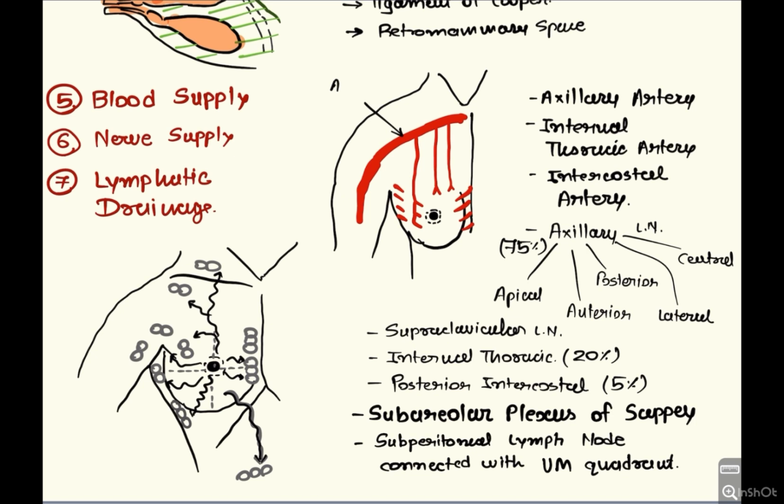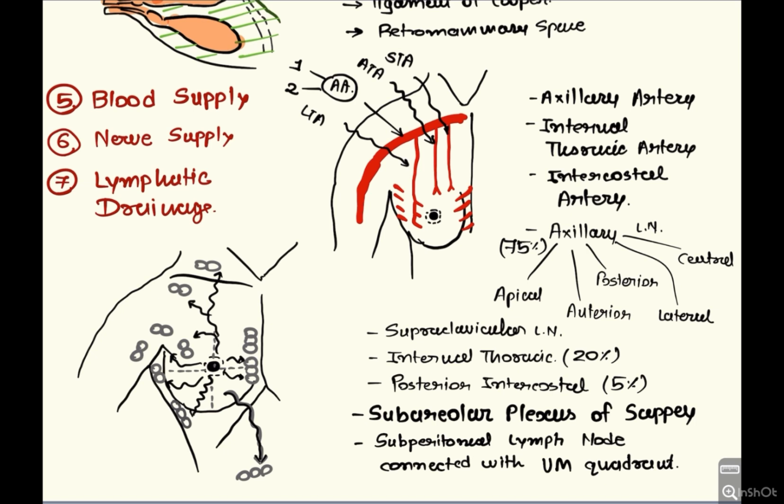From the first part of the axillary artery we get one branch, the superior thoracic artery. From the second part we get two branches, the acromiothoracic artery and the lateral thoracic artery. So the first and second parts of the axillary artery supply the breast.